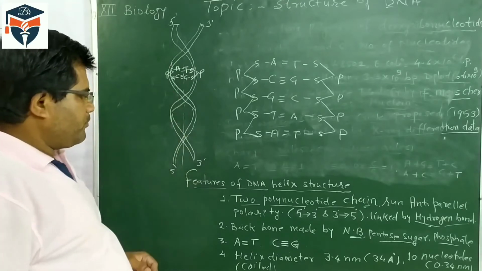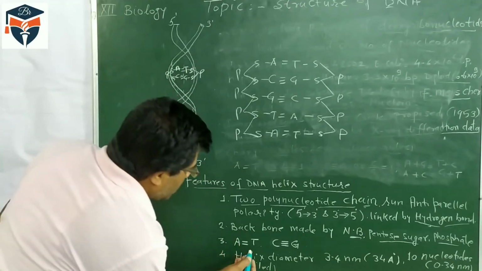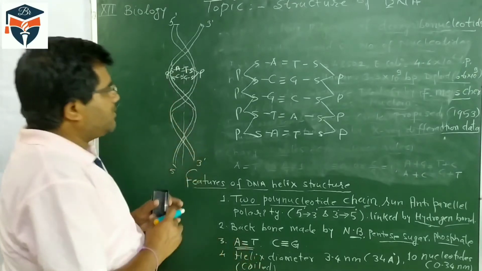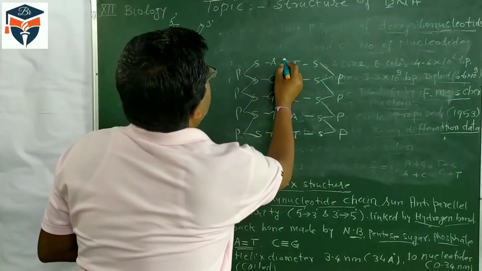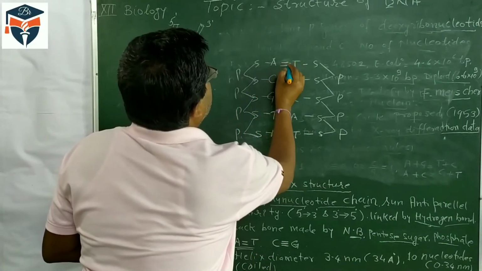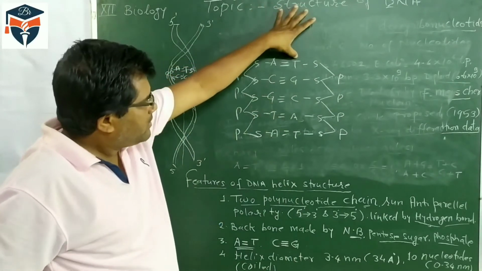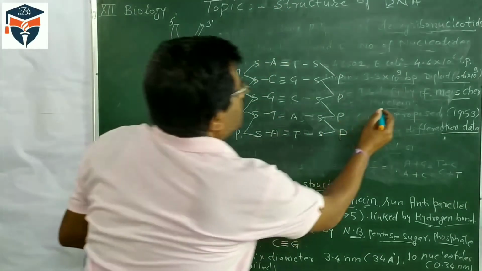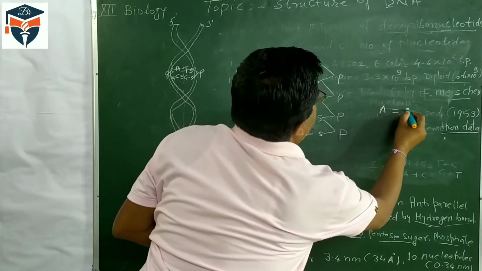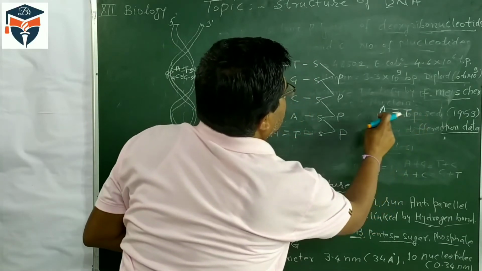In this DNA molecule, adenine always combines with thymine with a double hydrogen bond. Always remember, adenine combines with thymine, and thymine combines with adenine.